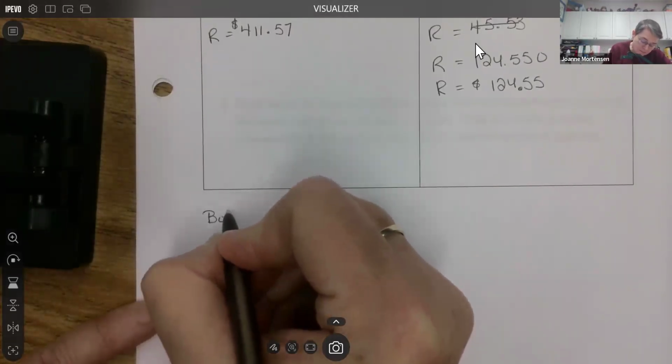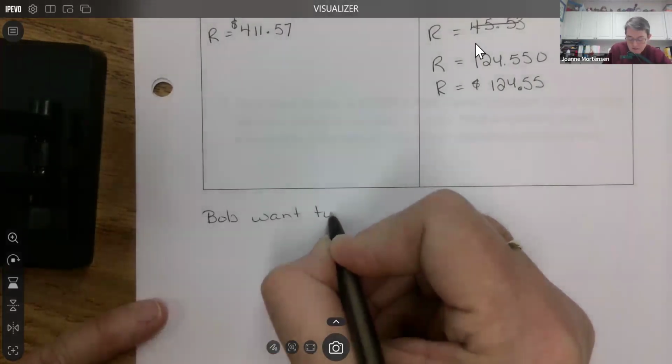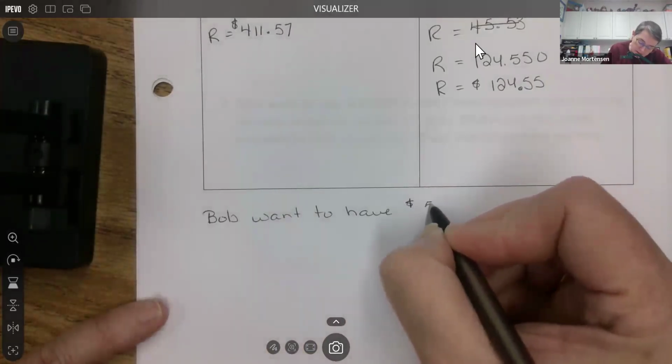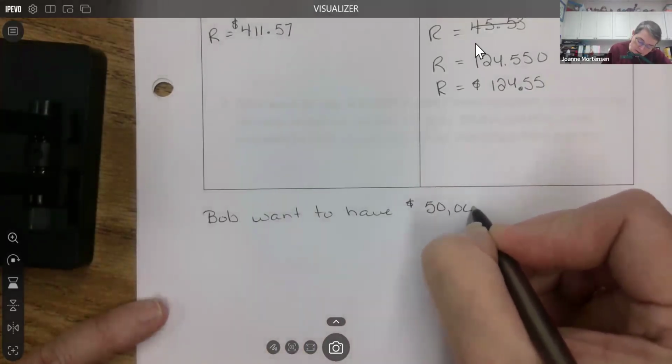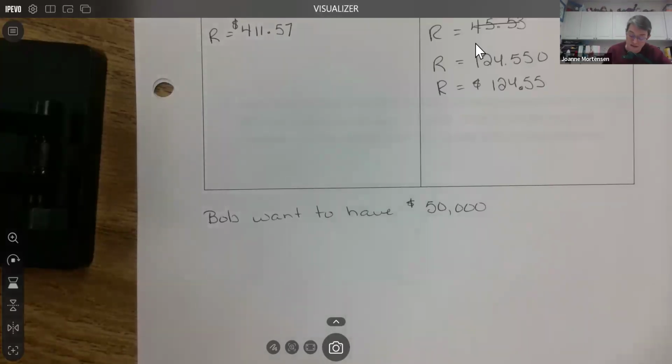Bob wants to have $50,000 because he's going to buy a nice new, I was going to say a nice new truck, but I don't know that $50,000 is a nice new truck.